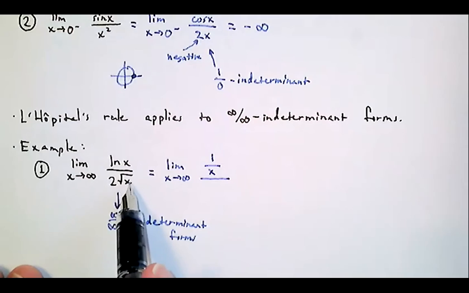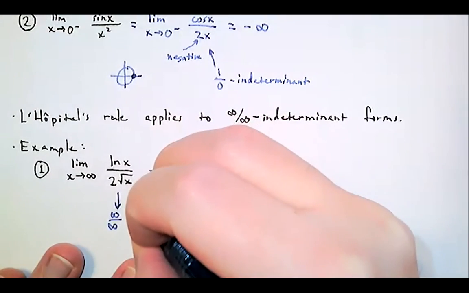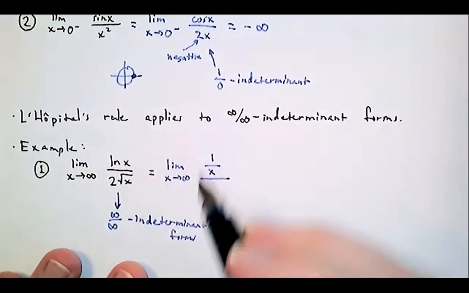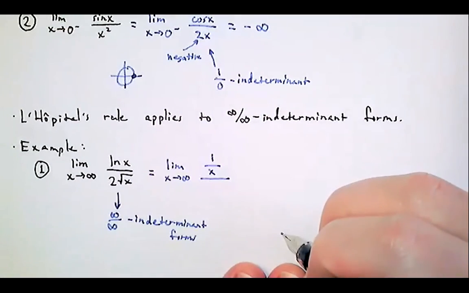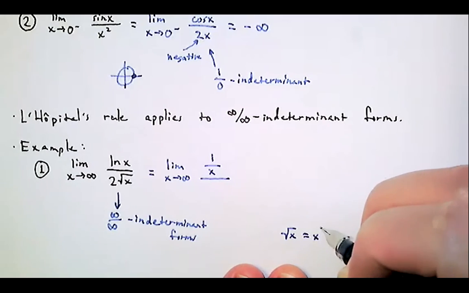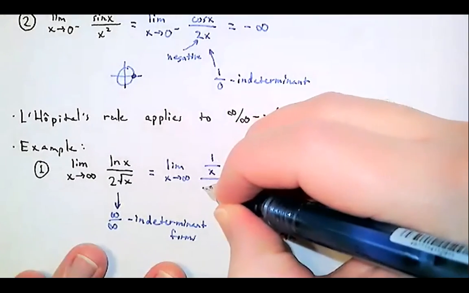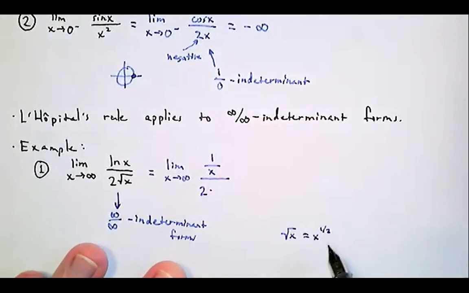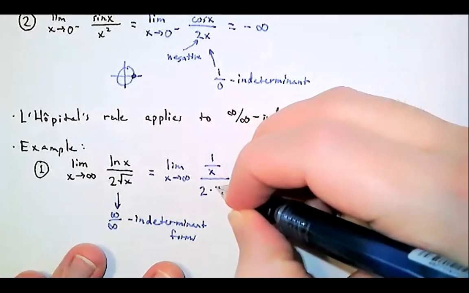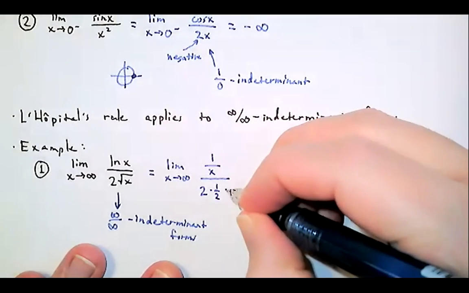And remember, this square root is actually x to the 1/2. The square root of x is x to the 1/2 power. So we're going to be using the power rule on this guy. So that's 2 and then 1/2 times x to the -1/2.